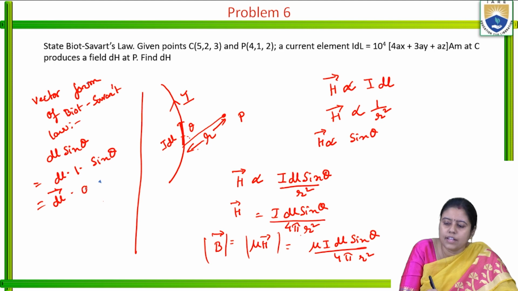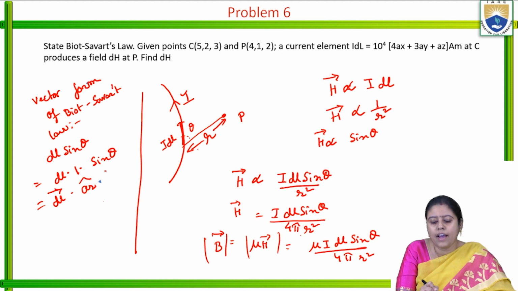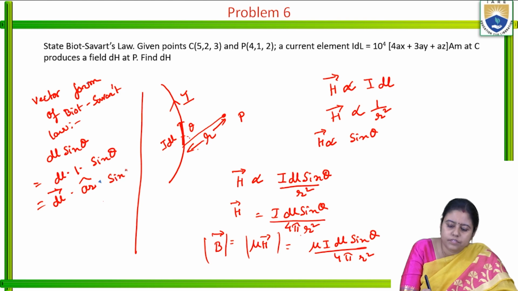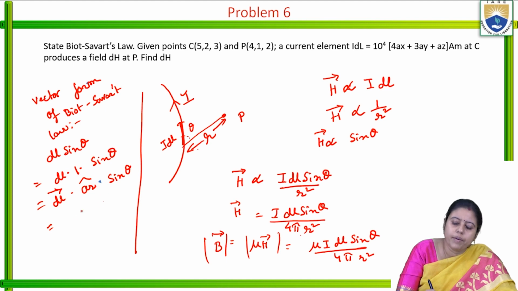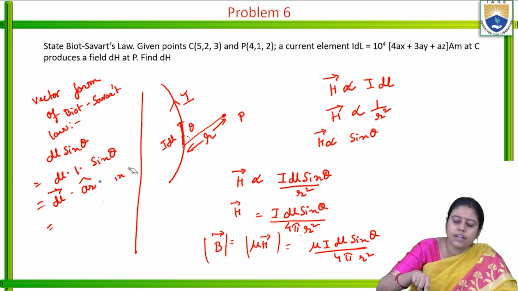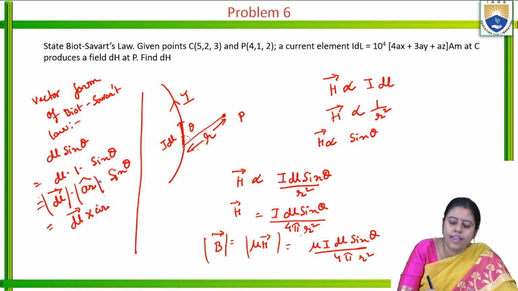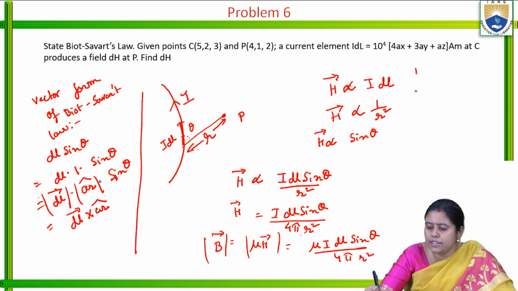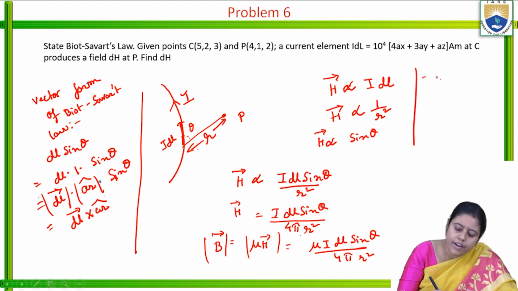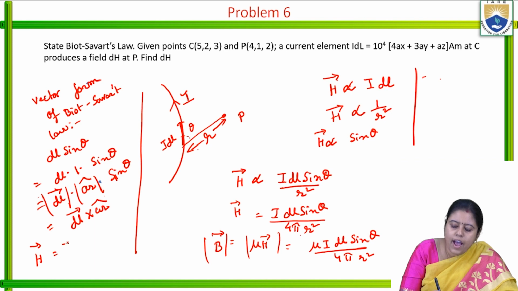What is 1? 1 is nothing but the AR, the unit vector in the direction of the distance. So we can write the magnitude of dl, the magnitude of AR, into sine theta, like AB sine theta. So we can write dl cross AR. So the value of H will be modified as H is equal to I.